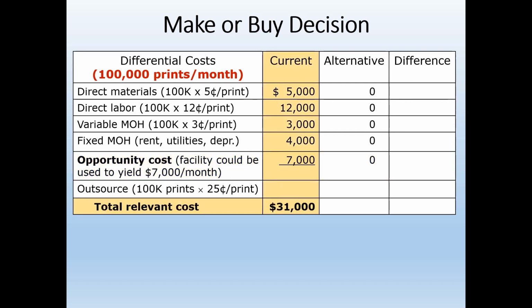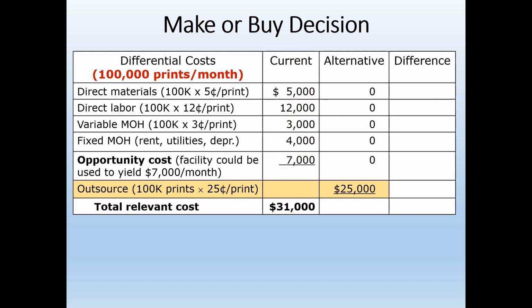In this scenario, the total cost of continuing to make the prints in-house would be all of the manufacturing costs plus the $7,000 that the firm is giving up in alternative profit by continuing to make the prints, for a total of $31,000.